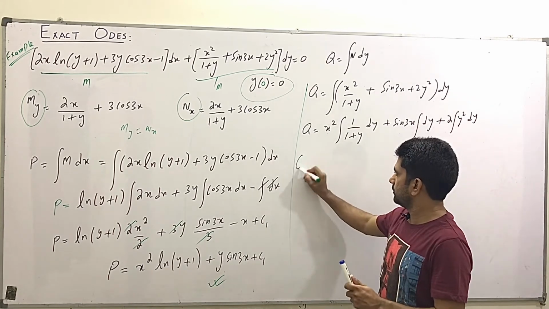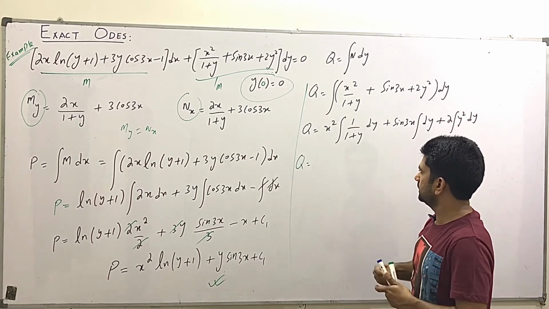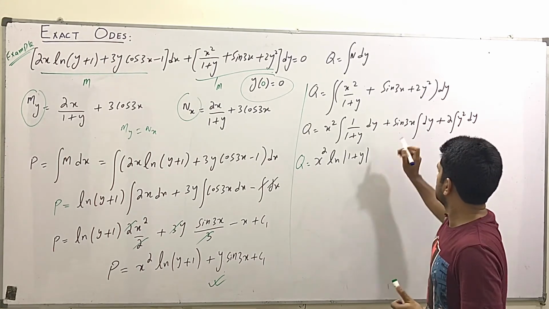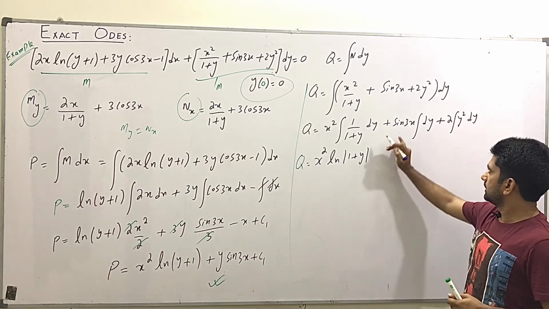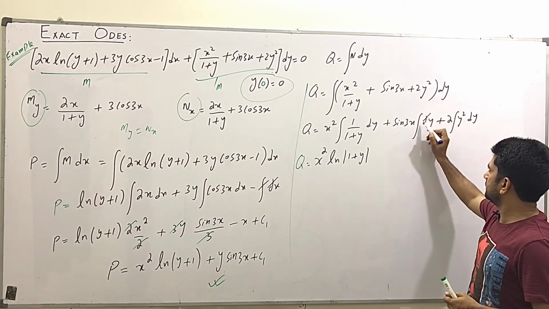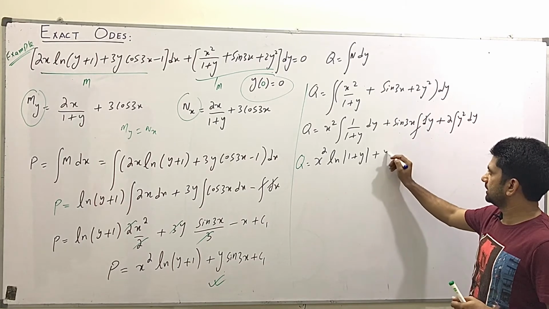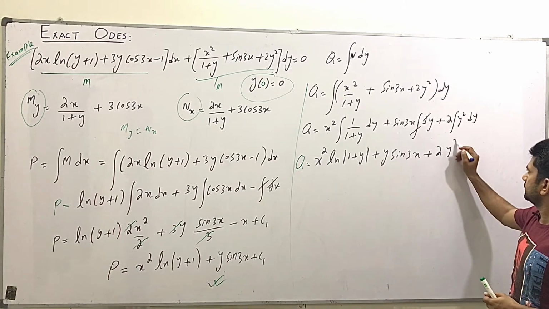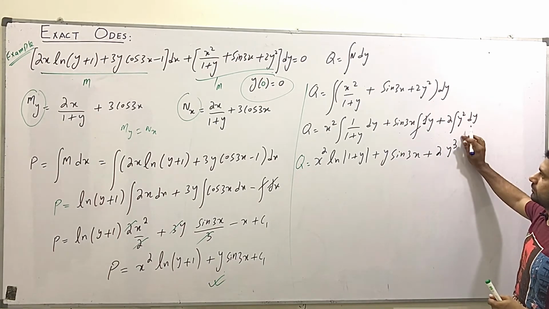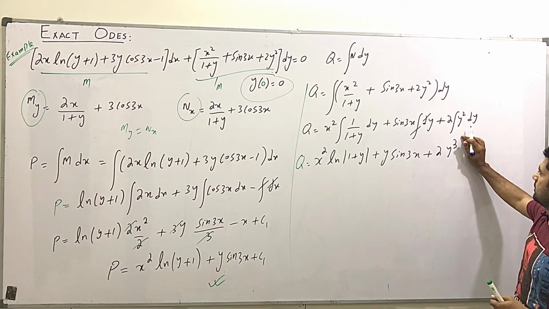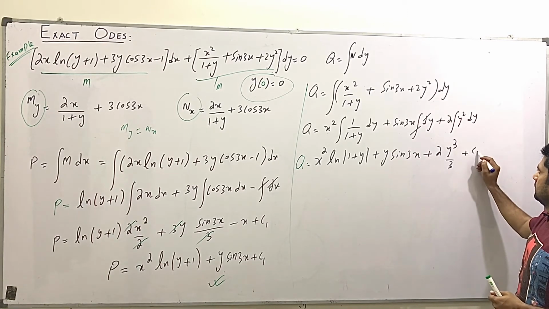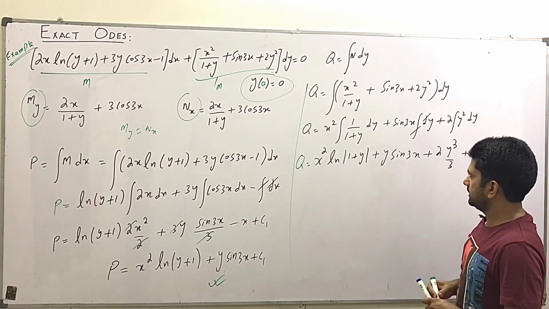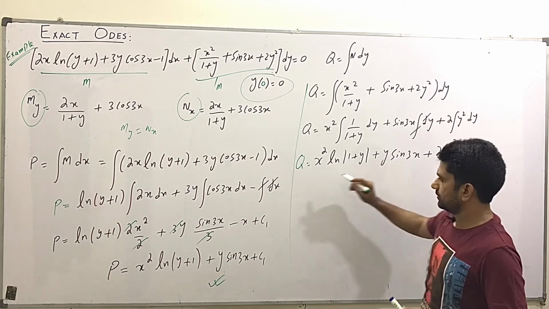So Q becomes x² ln(1+y), and here we have sin 3x, and the integral of dy gives y sin 3x. Similarly here from 2y², we have 2y³ upon 3 plus some constant c1, here we have c2, and this is our Q.